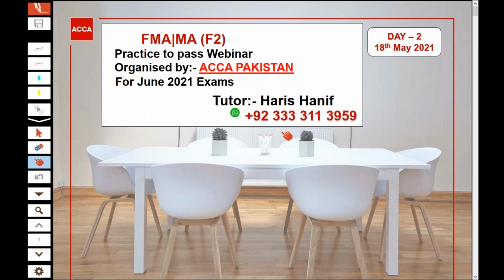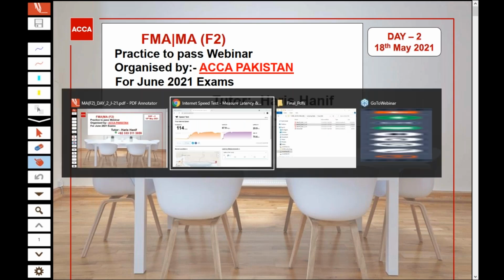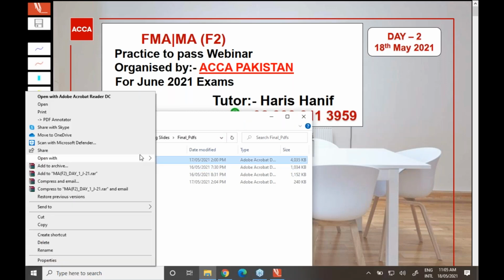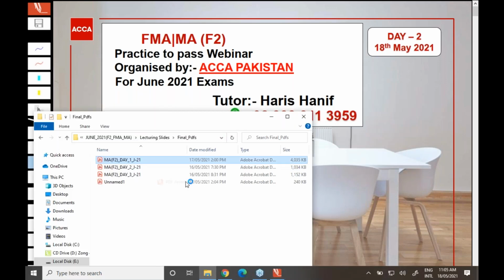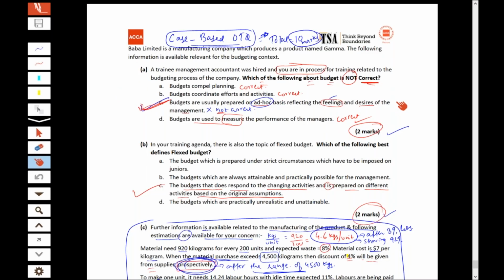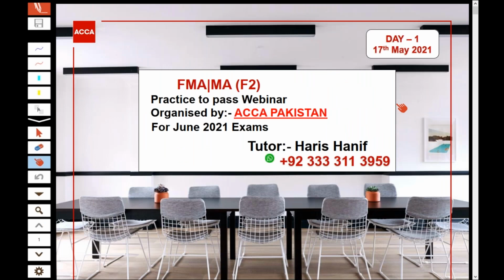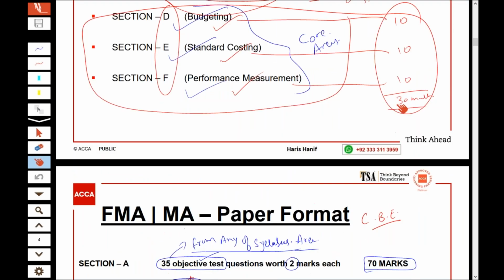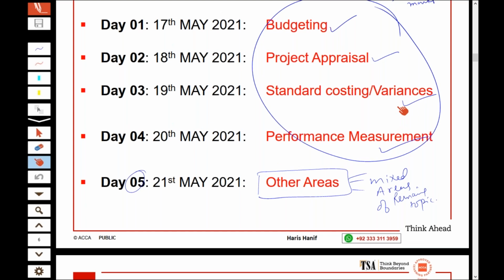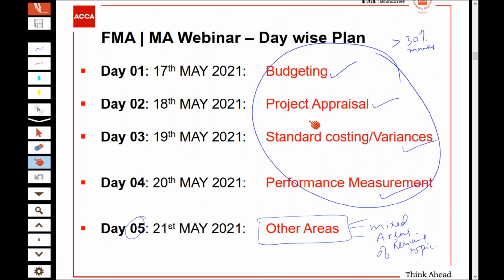Yesterday I shared this, and let me share it once again. This was my day 1 slide, and this was the agenda. Yesterday we covered budgeting, and today is the project appraisal day.